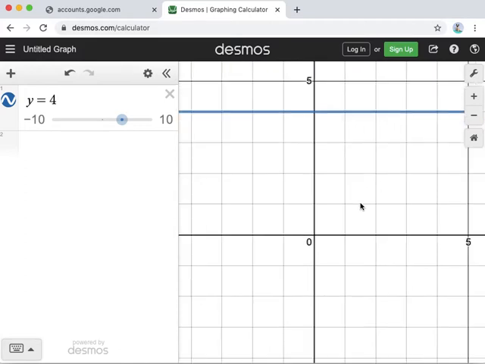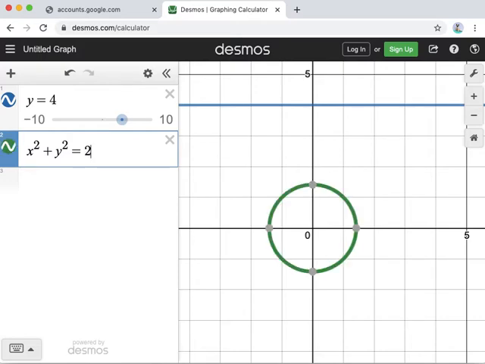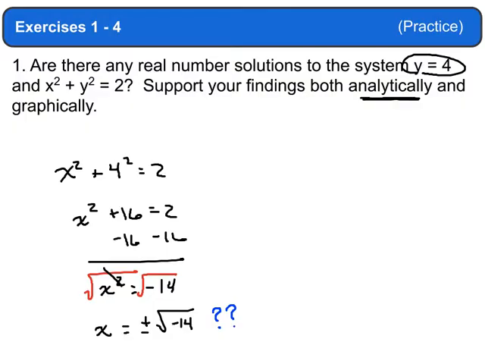Then we put in the circle, x squared plus y squared equals 2, and as you can see, there is no interaction between this line and that circle. That is why there's no solution, and why we need to reason about that square root of negative 14. We don't have to worry about that yet, but that's coming in a soon-to-be lesson.